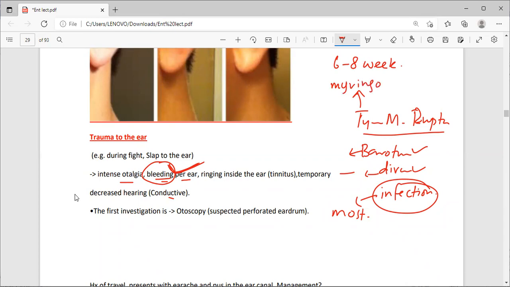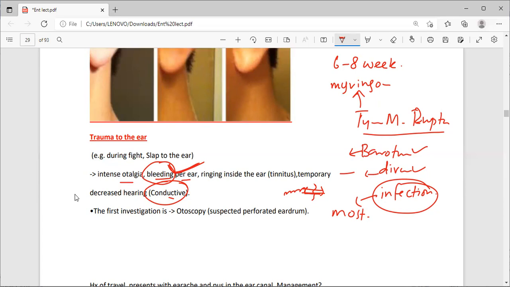Myringoplasty is basically the plasty of the myringa, the tympanic membrane. So during a fight or slap: intense otalgia, decreased hearing, conductive hearing loss. Why? Because there is blood coming out, or your tympanic membrane cannot transfer the air accurately.